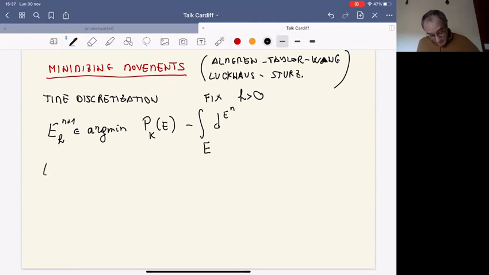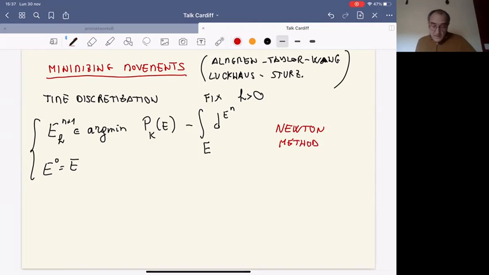And you start from E_0 equal E. It's like a Newton method, like Newton steepest descent.